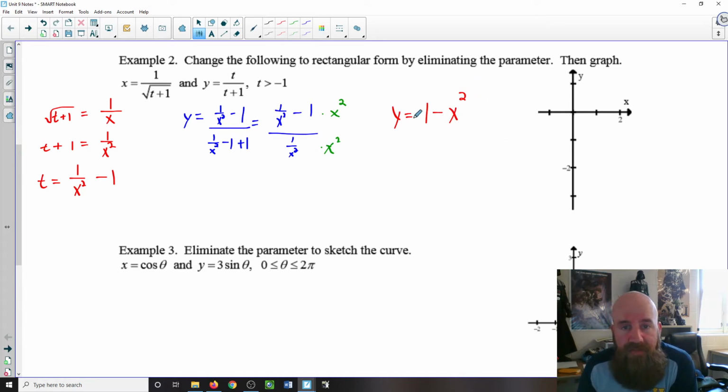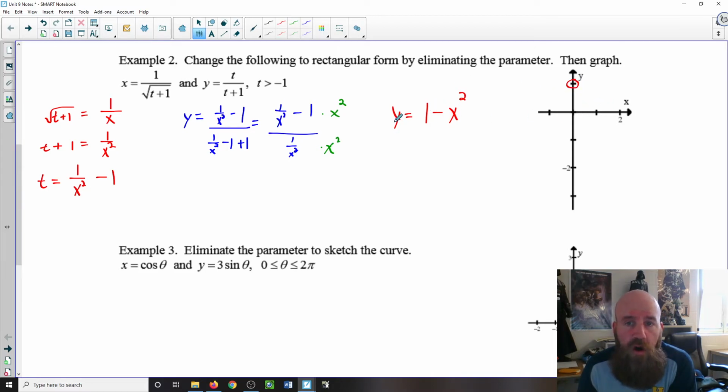So we can go ahead and graph that, and if we look back at the original, we can determine where we're starting, because it says t is greater than negative 1. So we find out what the x value is. We're talking about 0. And if we were to plug 0 into this equation before it's simplified, that would cause it to be undefined. So we put a circle at x equals 0, and then we just plug in some values.